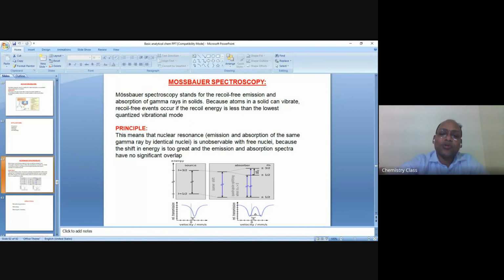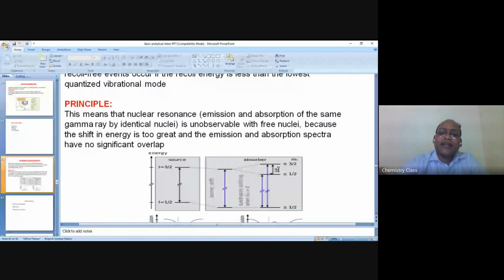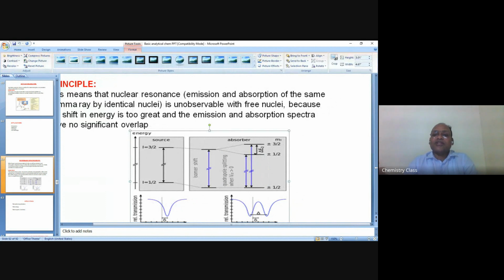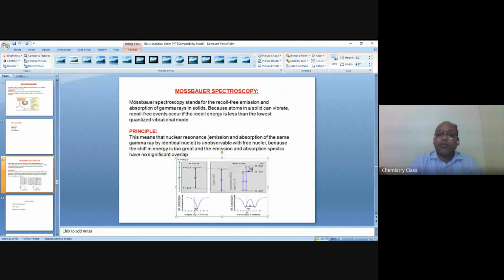If we analyze the picture, you see the source and the absorber. If the source is 3/2, it will show quantized splitting, and this particular area is the activation energy. Mossbauer spectroscopy will analyze these things, and the velocity and also the wavelength and frequency will be calculated.